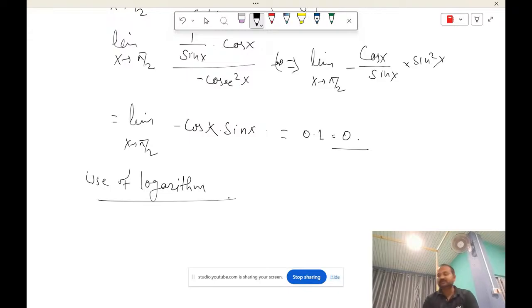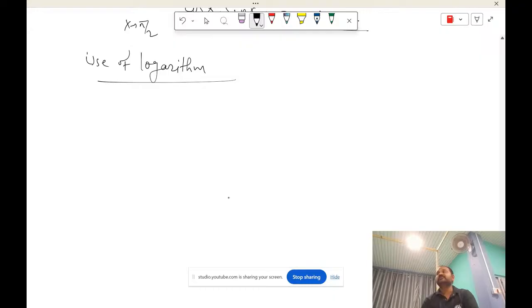Whenever the function is given in terms of an exponential function, there we can use the concept of the logarithm.